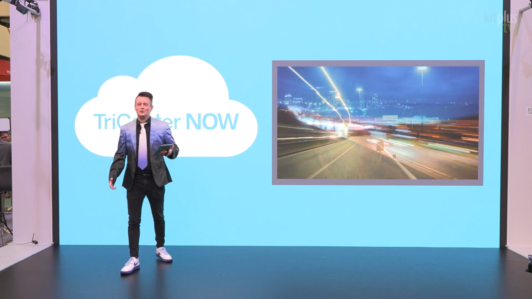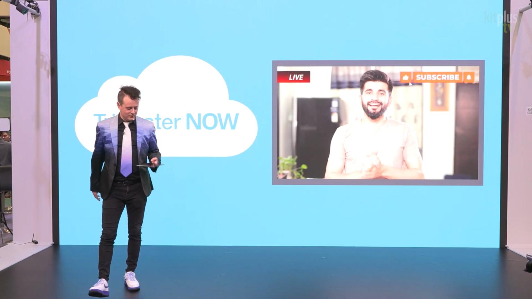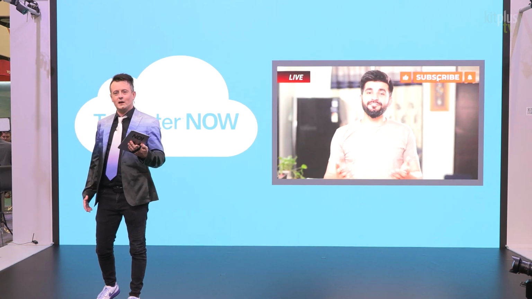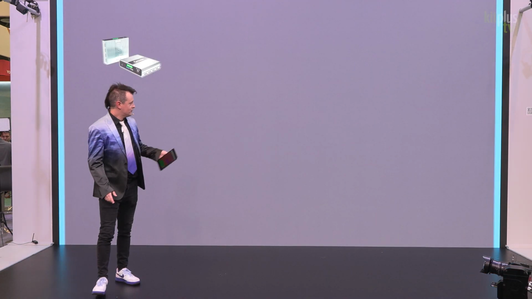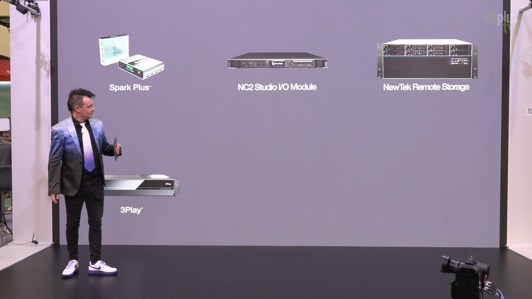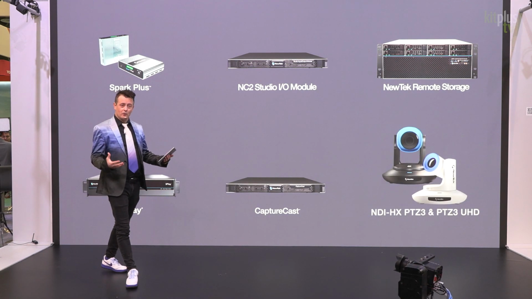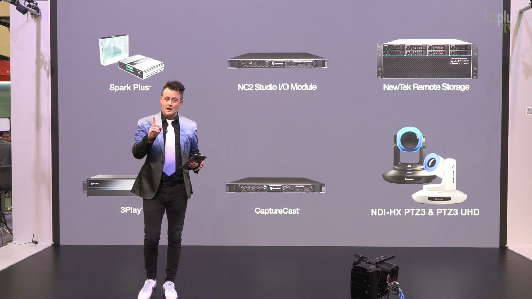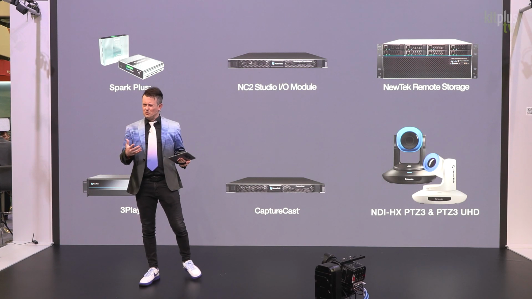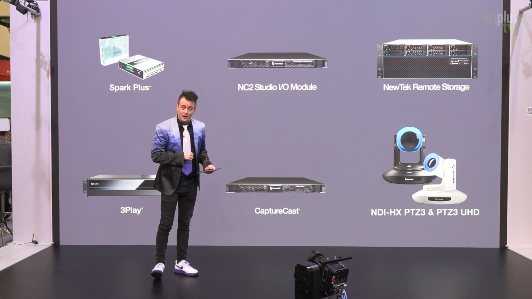Now we have other tools that work in conjunction with the TriCaster for creating powerful production workflows, starting with NDI. NDI is the backbone of all of NewTek's equipment, and we understand that some of you may have pieces of equipment that are not NDI enabled.